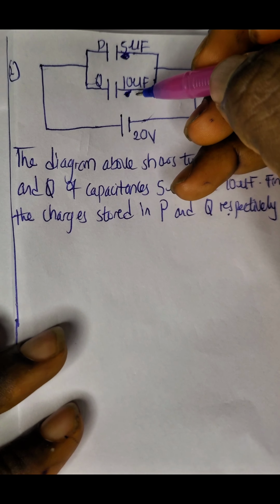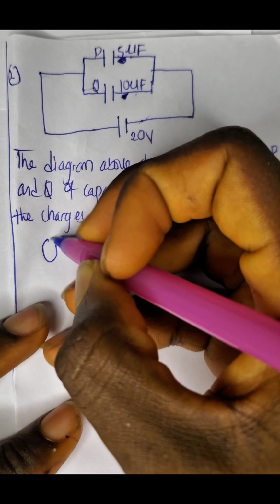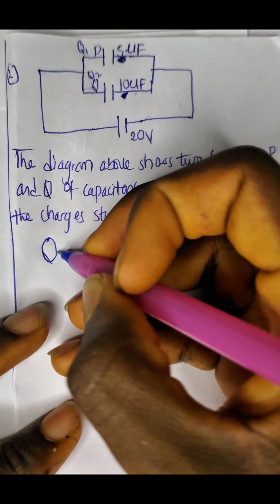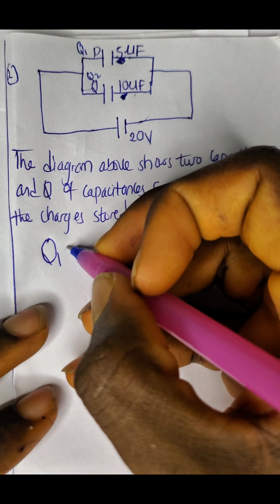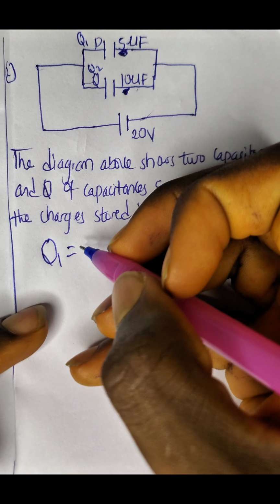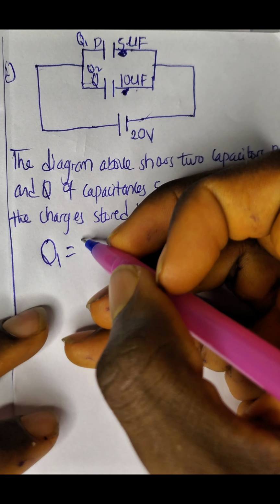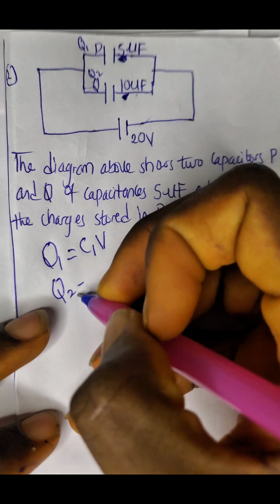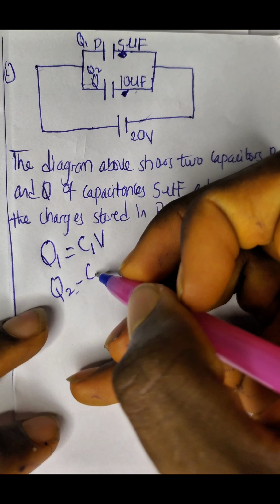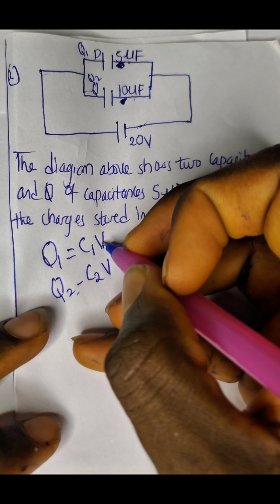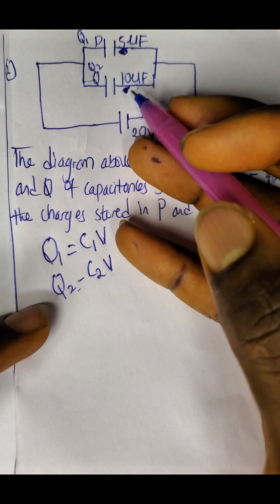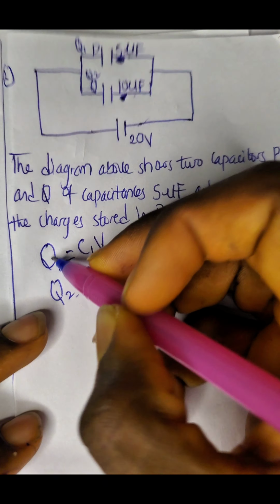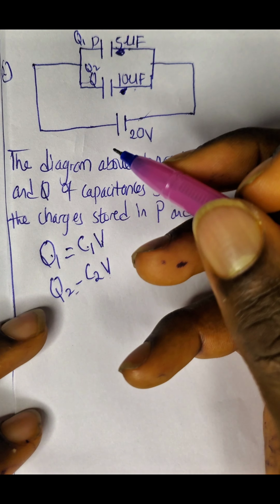Now I gave a formula, don't forget this. Let's call this Q1 and let's call this Q2. For a parallel connection, for you to get Q1, that is the charge flowing through a specific capacitor, Q1 is equal to C1 times V, and Q2, depending on the question, is equal to C2 times V. Now the potential difference, since it's a parallel connection, is the same for all capacitors, but the charge is different and the capacitance is also different.